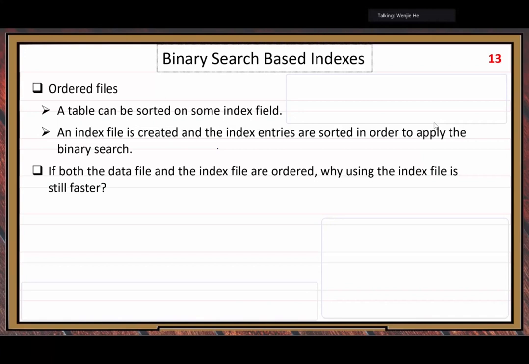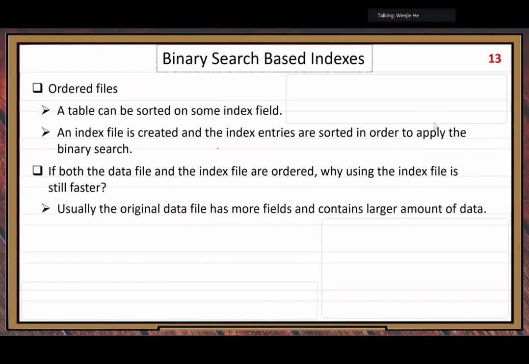Sometimes the data file could be ordered, but the index is still faster because the size of the index file is much smaller than the data file. Usually the original data file has more fields and contains a large amount of data. The size is different.